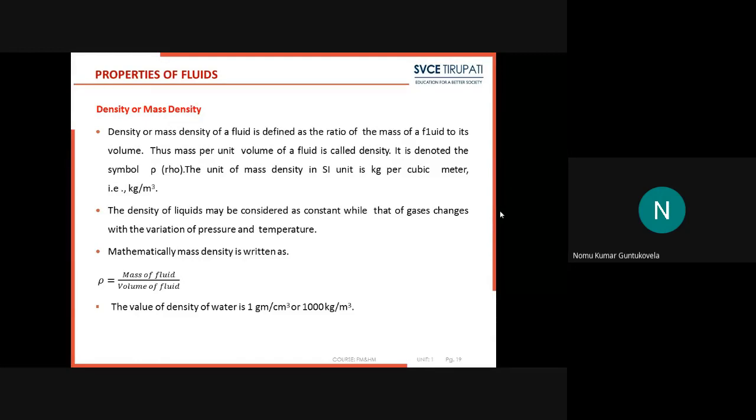For each type of fluid, we have to look at which property applies. We have different names for the fluids, and those different names and characteristics come from the properties of the fluid.